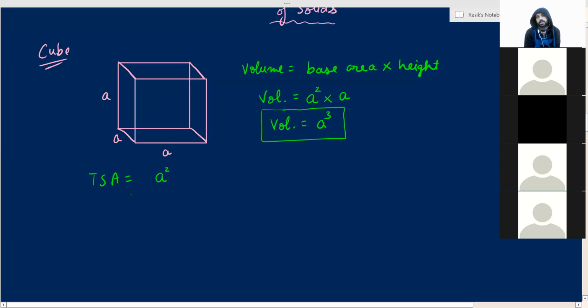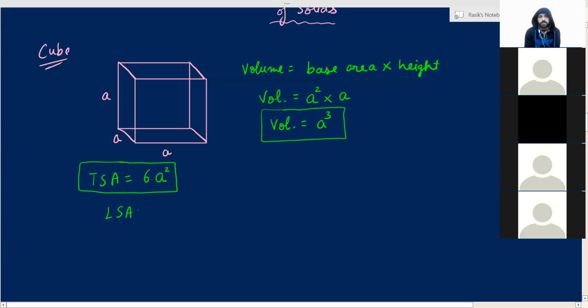Therefore, if we add all the six areas of all the six squares, we get 6A square as the total surface area of the cube. Simple. 6A square total surface area.